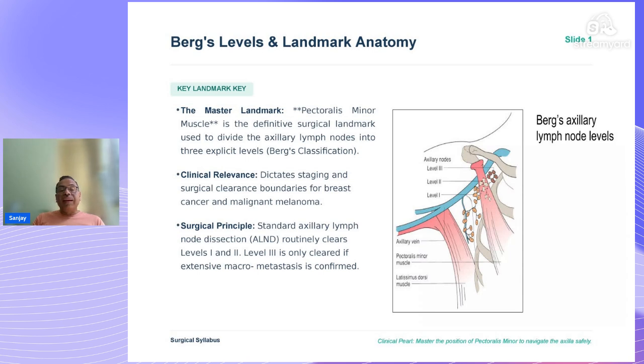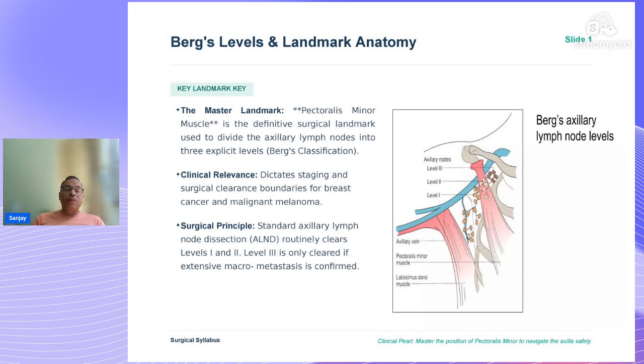These are what we call Berg's levels. And what are Berg's 3 levels of axillary lymph nodes? We'll see one by one. But the main landmark of this classification is the pectoralis minor muscle, which is a definitive surgical landmark used to divide the axillary lymph nodes into 3 different levels.